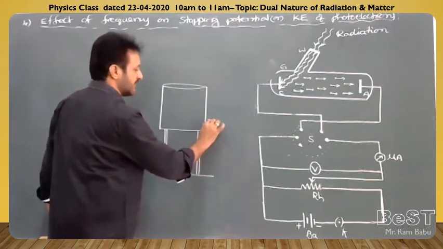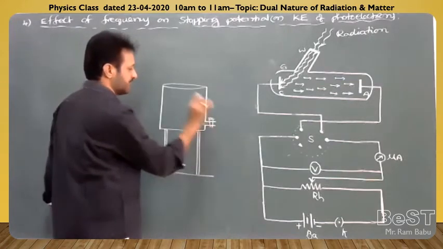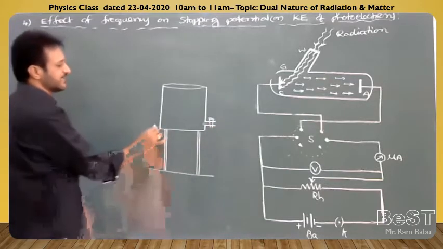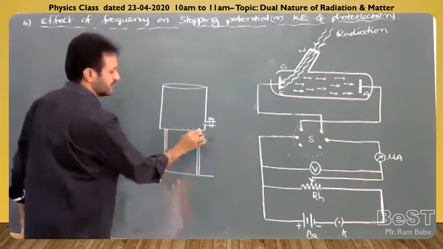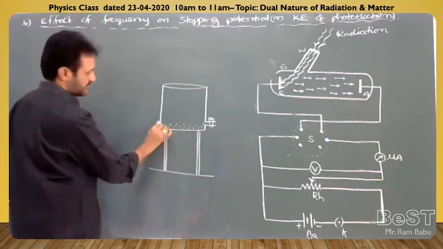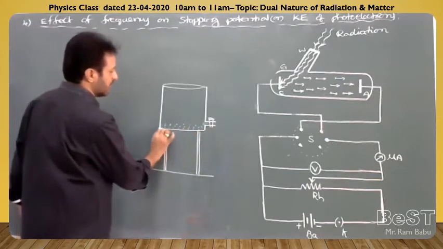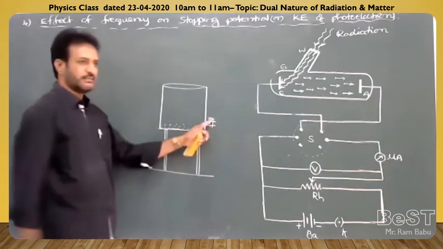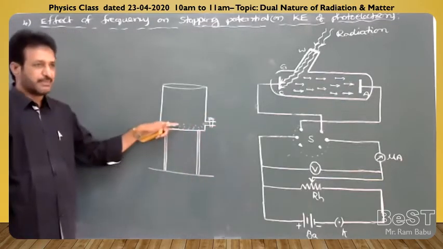For example, the tank contains water up to here. It is the level of the water in the tank. So check here, if you observe carefully, the water in the tank is below the tap level.